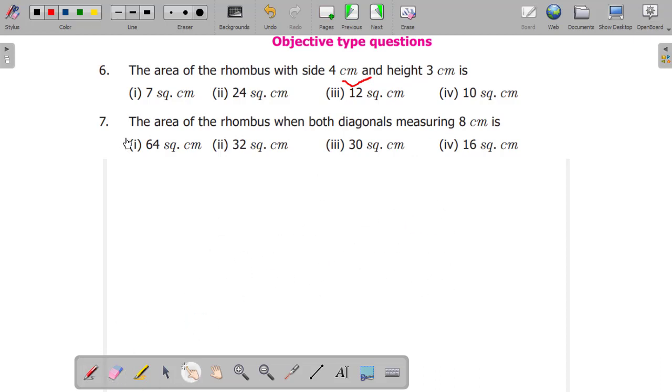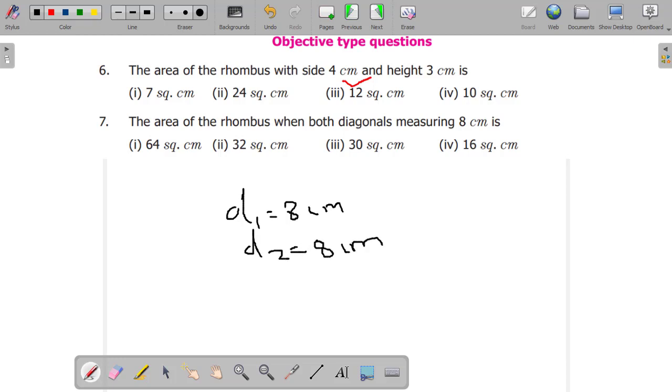Let us come to the seventh question. The area of the rhombus when both diagonals measure 8 centimeter is? Here the length of the first diagonal D1 is equal to 8 centimeter. Also the length of the other diagonal D2 is equal to 8 centimeter.